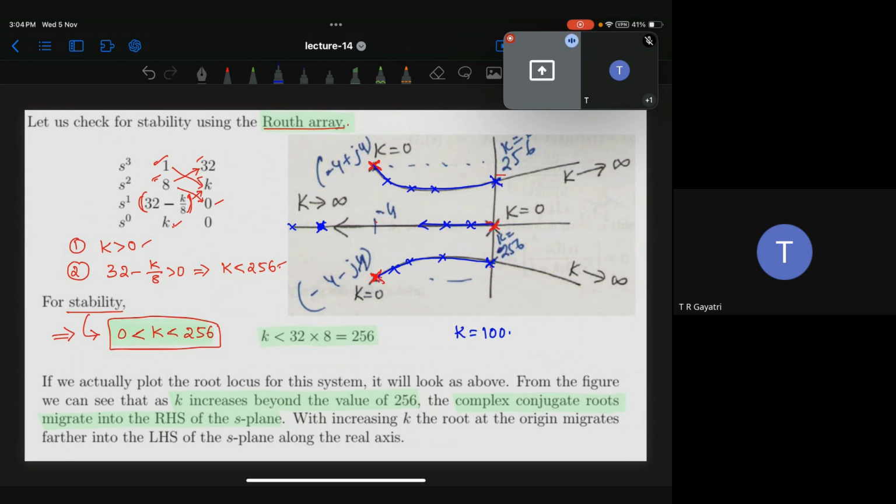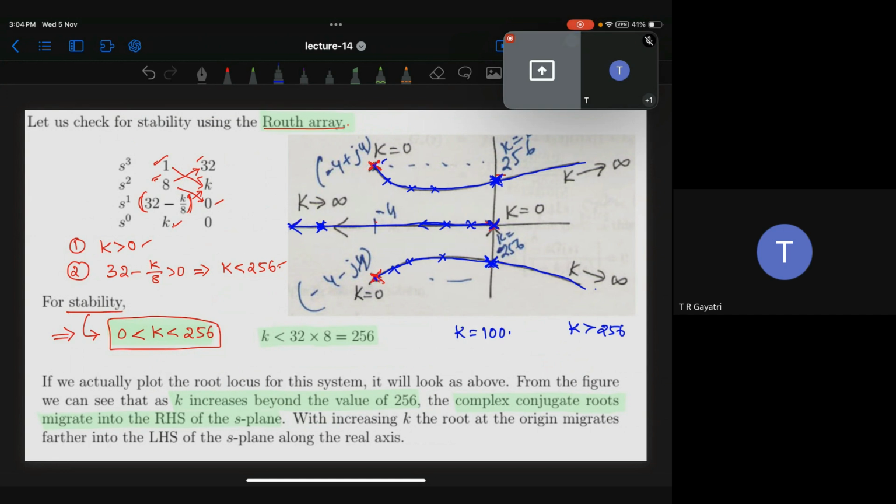Exactly at 256, this pole will be here and this pole will be here. If you take any value of k greater than 256, they will go to the right hand side plane. Is that clear? Yes, sir. And this pole at k is equal to 0 moves like this.